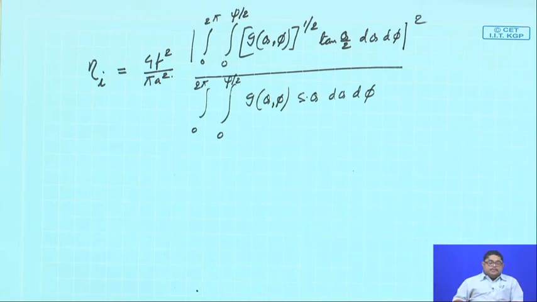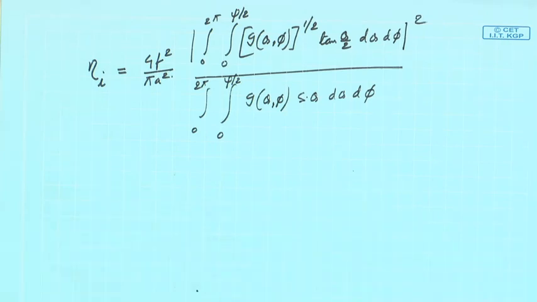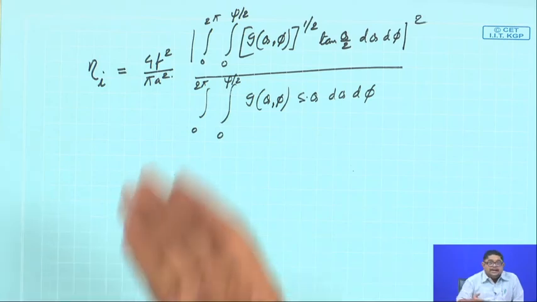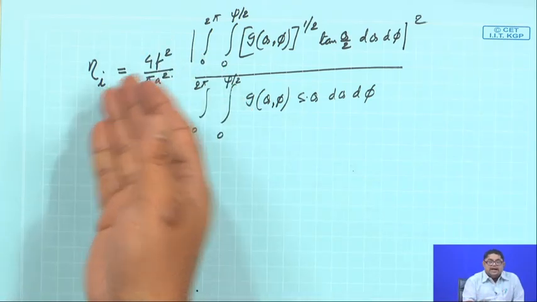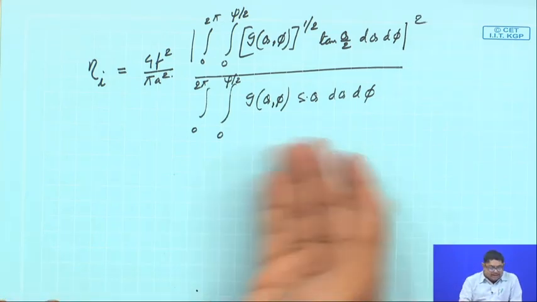Now, if you do not believe this expression, I can give you a check. For uniform aperture field, we require that G theta phi should be proportional to sec 4 theta by 2. Put that in this expression, and eta I should turn out to be 1, then that will be an indirect way of verifying this expression.